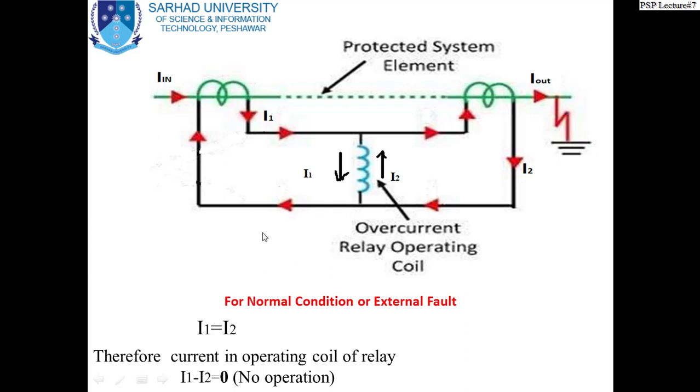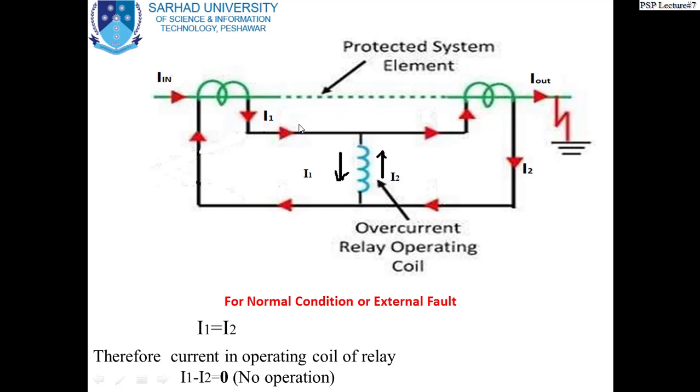Now see, this dotted line shows the protected system element to be protected by this differential relay. It may be a transformer, it may be the stator winding of a generator, or it may be a section of the transmission line. Whatever the case, it shows the element to be protected.